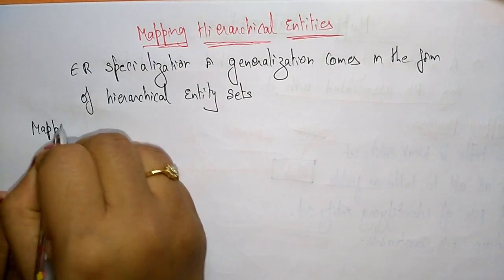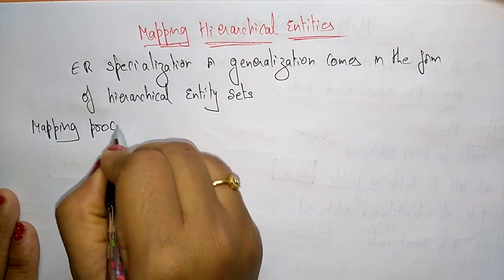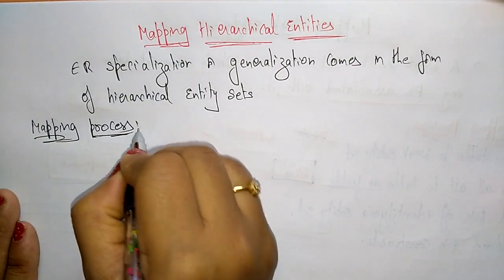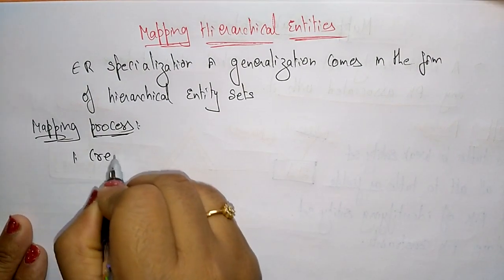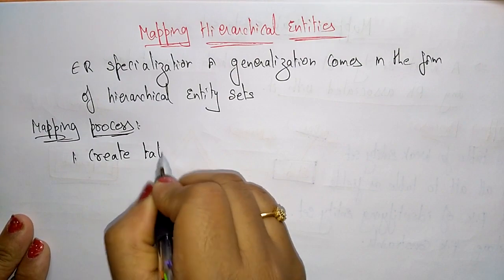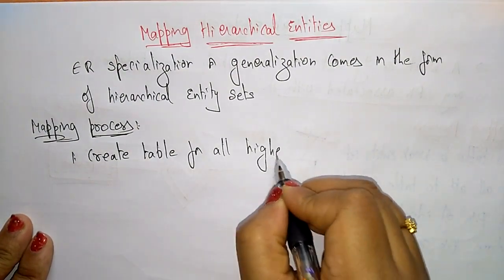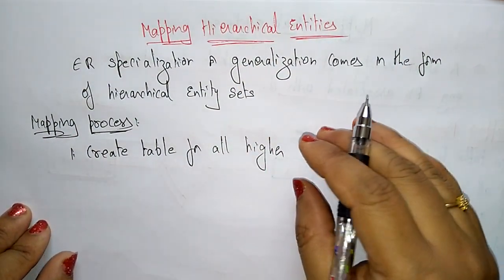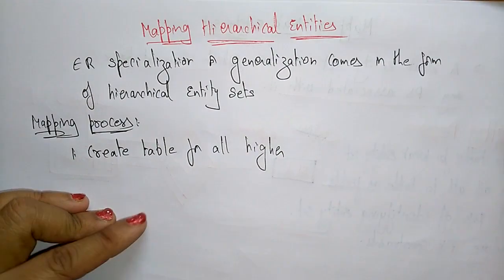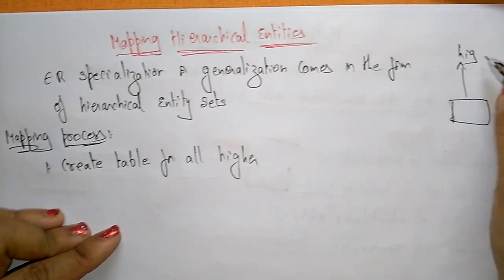What are the steps you have to follow for hierarchical entities? First, I'll explain the mapping process. After that, I'll take the ER diagram. First, create a table for all higher levels. Here in generalization and specialization, the hierarchical concept, you will get higher levels, the entities above, which you call the higher levels.